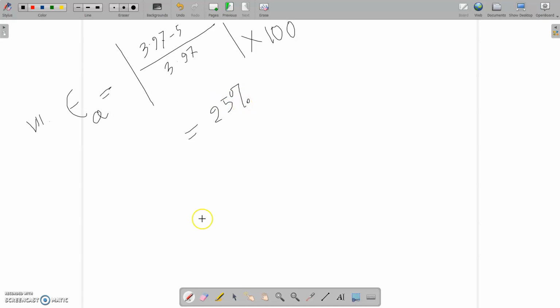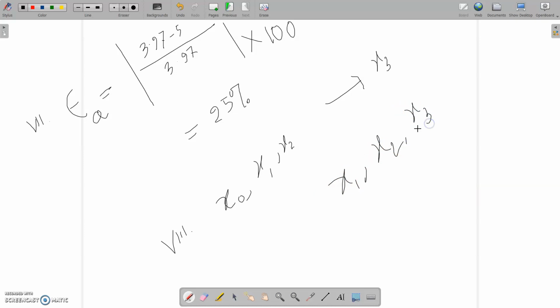What I'm going to do in the next step: before starting this iteration, I had x0, x1, x2, and from this iteration I found a new point x3. But in the next iteration I am going to use x1, x2 and x3.